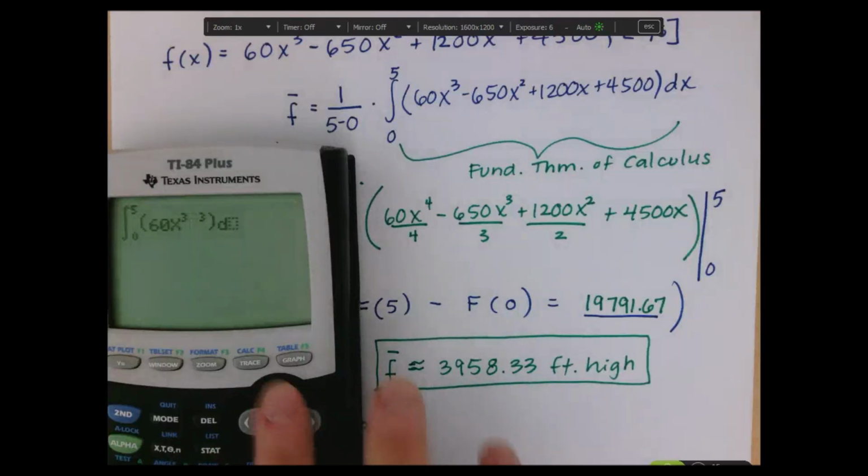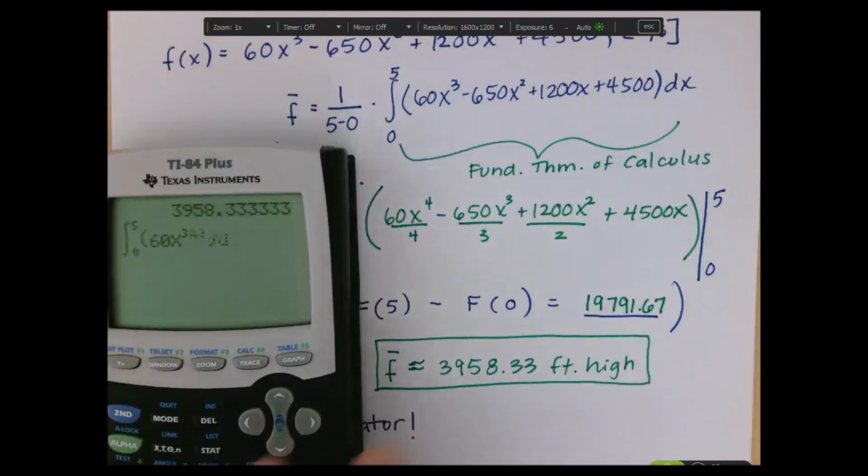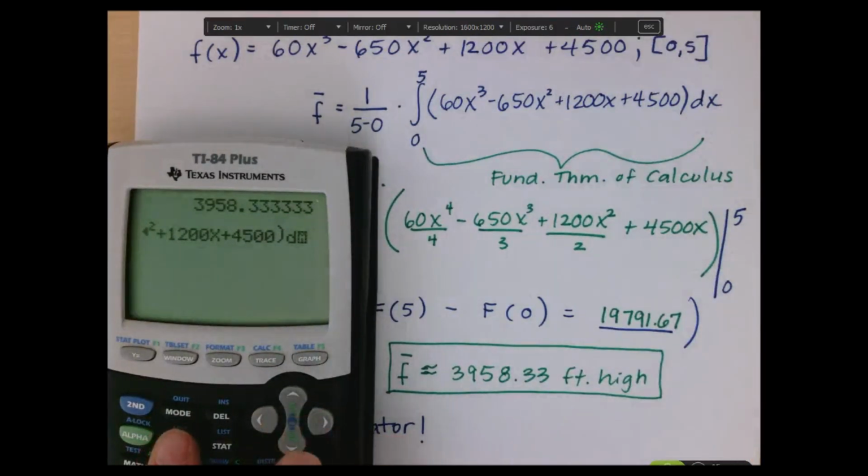Remember, I want to use the original function, not the antiderivative. The calculator is going to do that part for us. Okay, so 60x cubed minus 650x squared plus 1200x plus 4500. And then don't forget to tell the calculator which variable you're integrating with respect to. And in this case, that's going to be x.